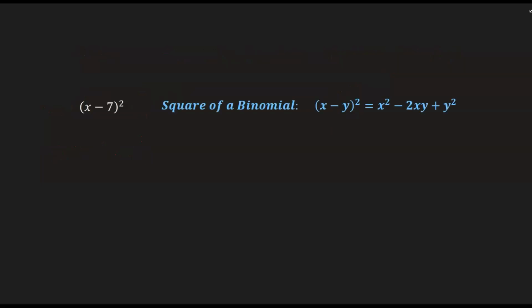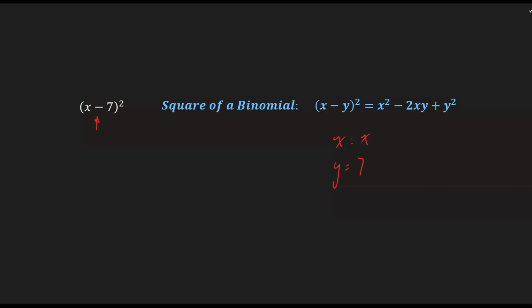A very similar pattern occurs with this binomial with a difference between the two, (x - y) all squared. Well, I'm just going to say here my x is equal to x and my y is equal to 7.